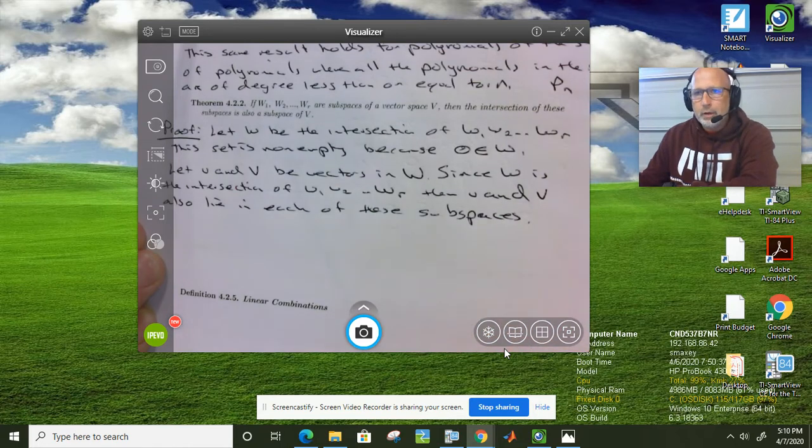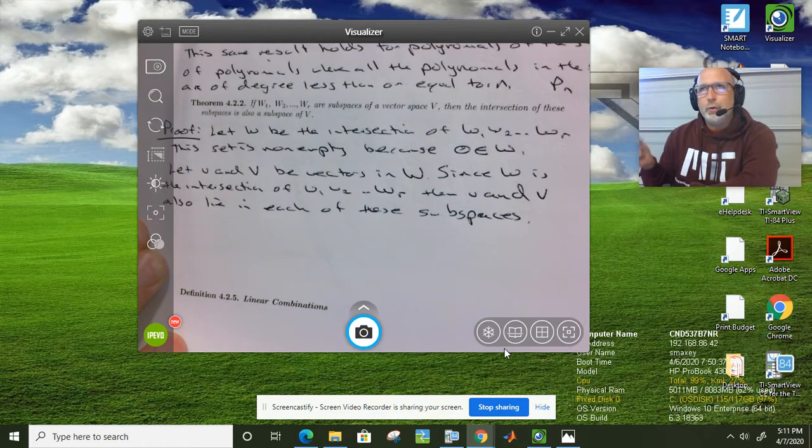If it falls in W, and W is the intersection of all that, by definition, that means that U and V have to be in each one of those sets.